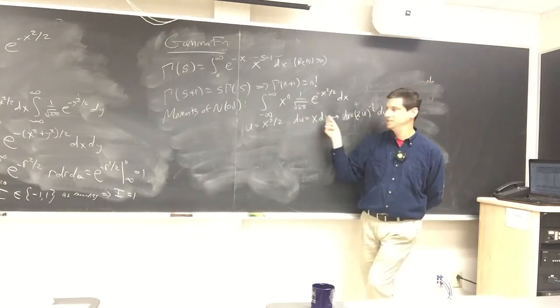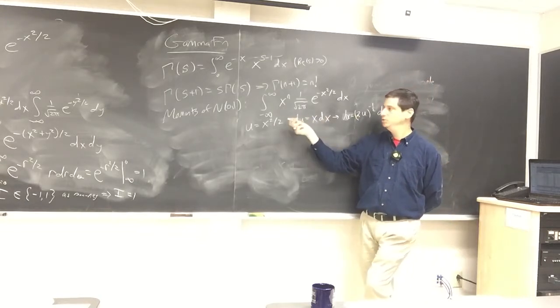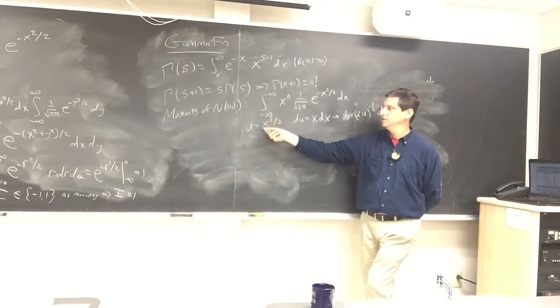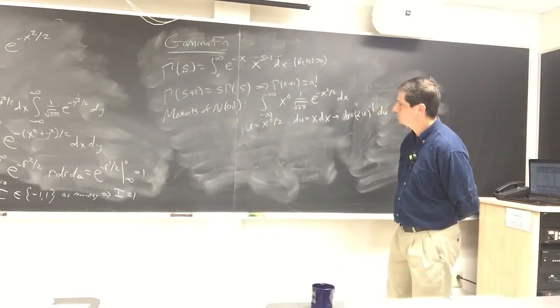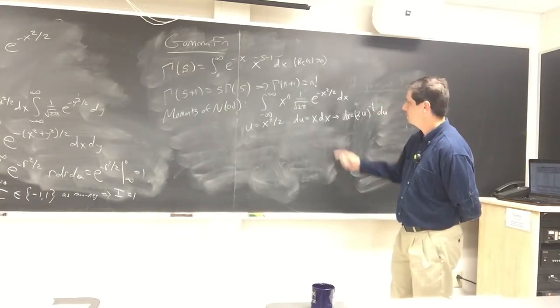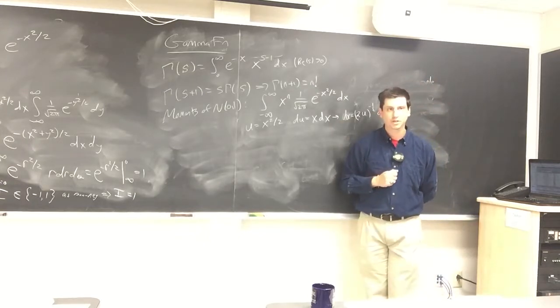I move the x over to the other side. What's x inverse? If I solve for x, x equals square root of 2u. So since it's an inverse, it'll be 2u to the negative 1/2. So dx is 2u to the minus 1/2 du.